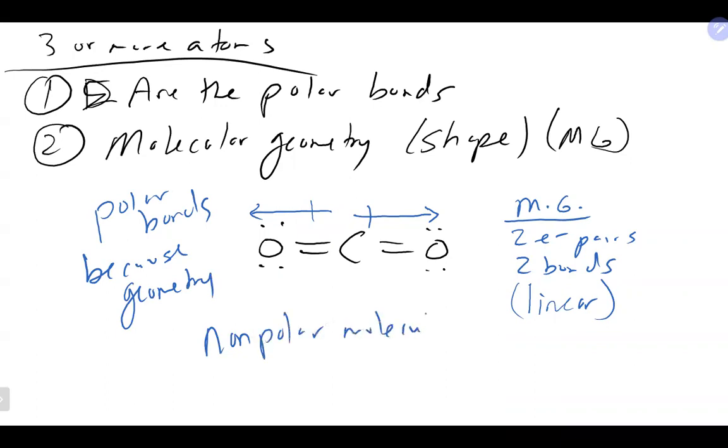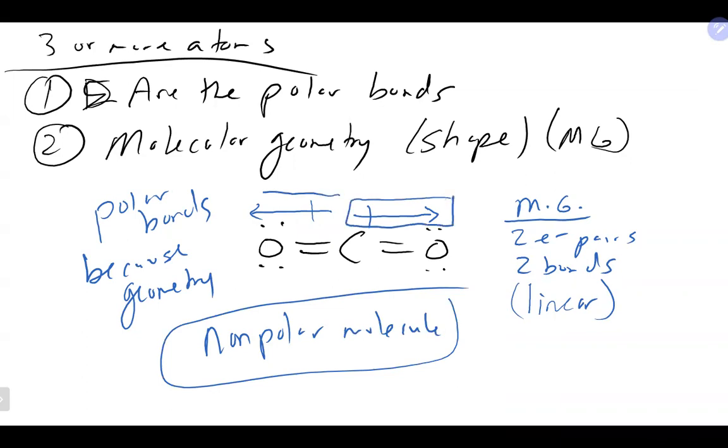That is because these bond dipole arrows are also what are known in physics as vectors. They have direction, they have magnitude. In certain cases, they cancel each other out. In other cases, they add to each other.